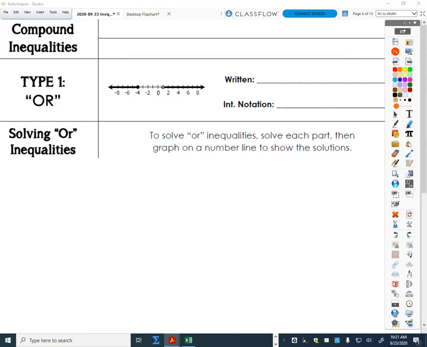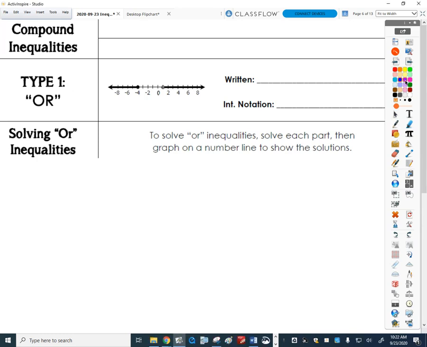Whoops. There we go. Hang on one sec. Okay. Just want to make sure I'm filling in the same stuff that shows up on your notes. Okay, here we go. So what is compound inequalities?